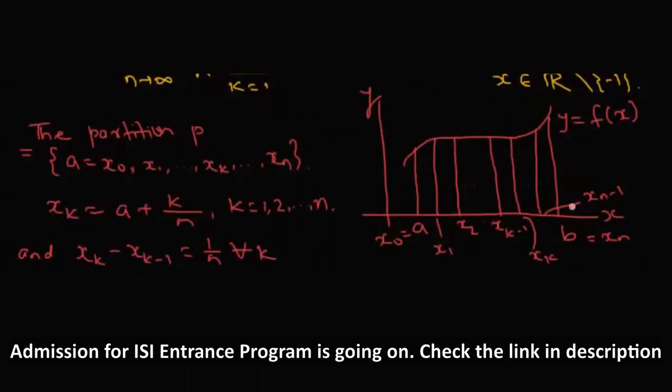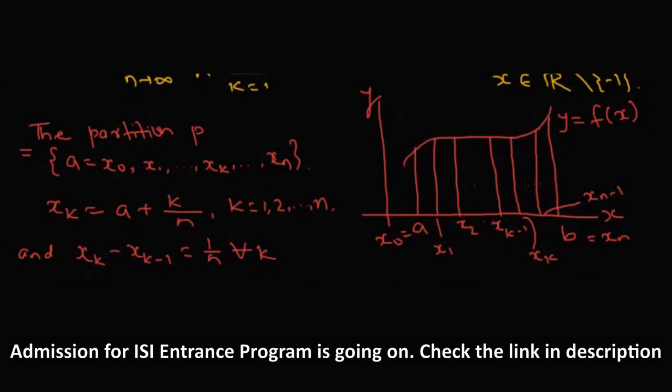So this means that the area of this region is given by the summation of the area of each rectangle. Each rectangle when summed together will be given by the area under this function.